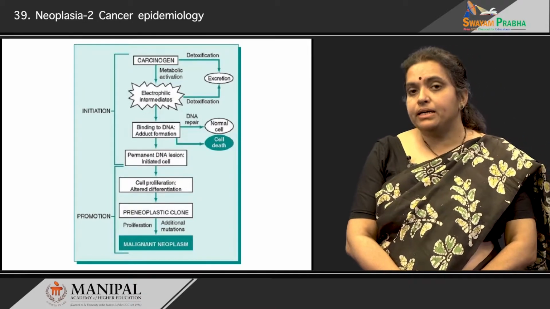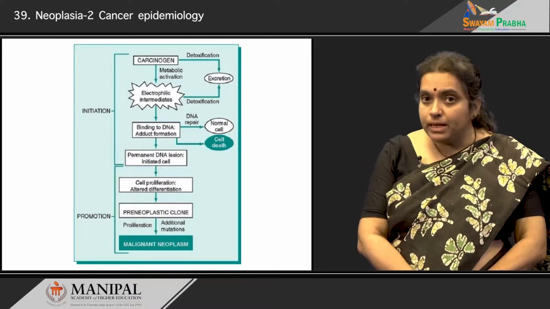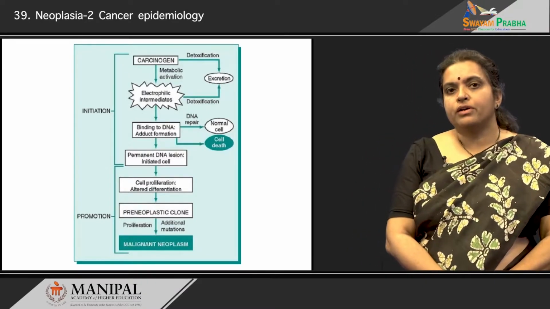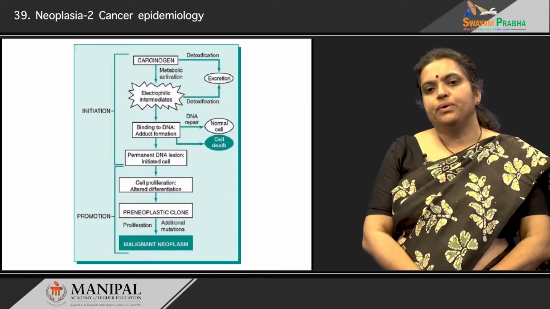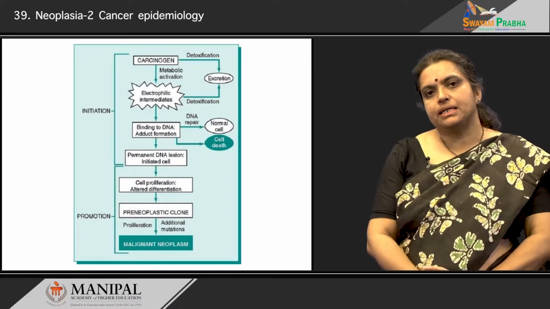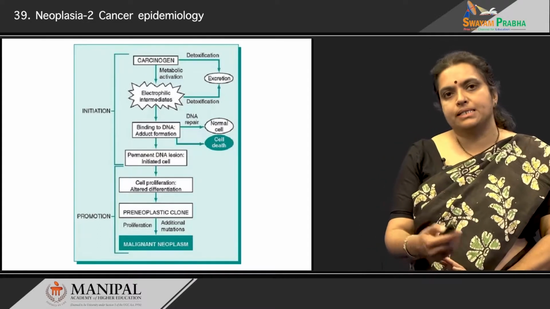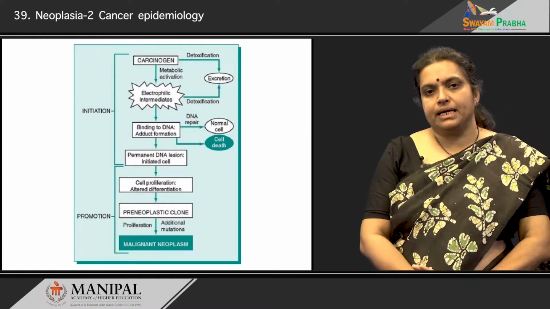Only when these DNA repair mechanisms are overwhelmed by a whole lot of chemical carcinogens does it fail, and then you have permanent DNA lesions that are passed on to daughter cells, forming ultimately the cancer cell.